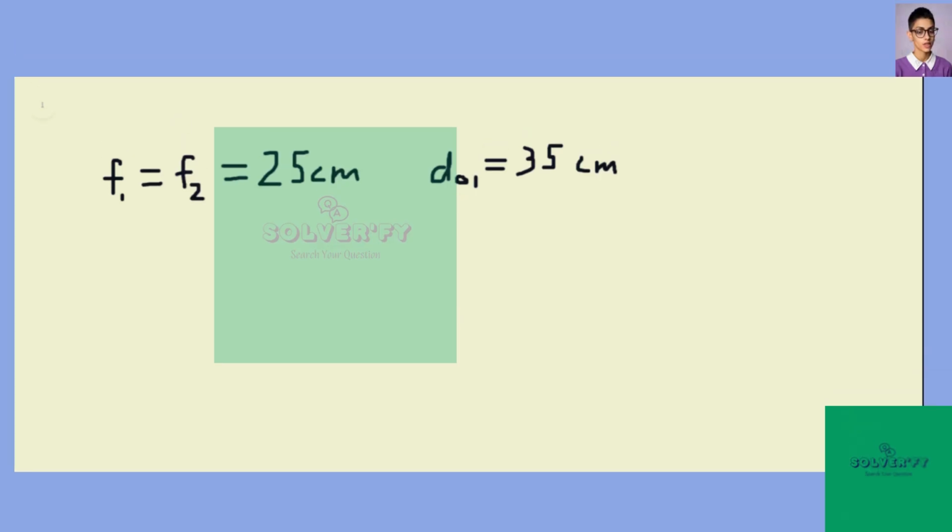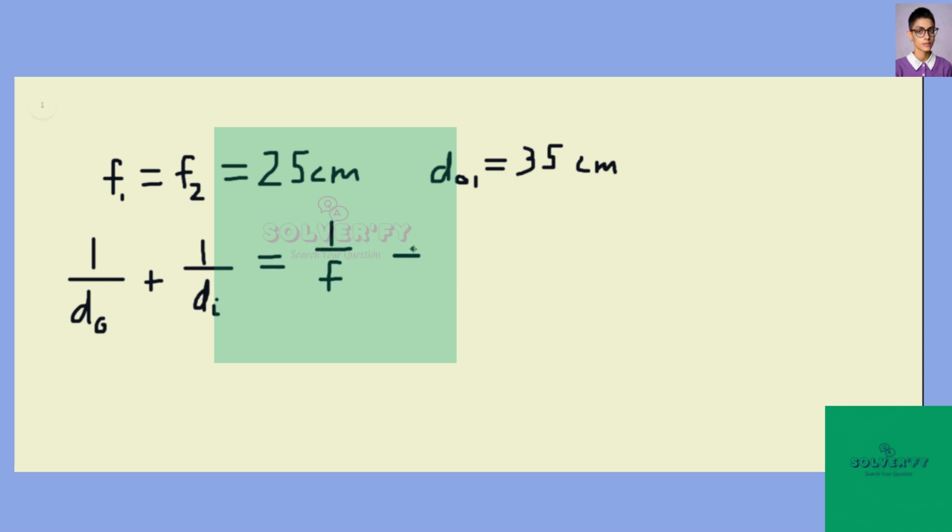So to find the image formed by the first lens, we're going to use, of course, equation 23-8. Equation 23-8 in general says that 1 over the distance to the object plus 1 over the distance to the image is equal to 1 over the focal length.